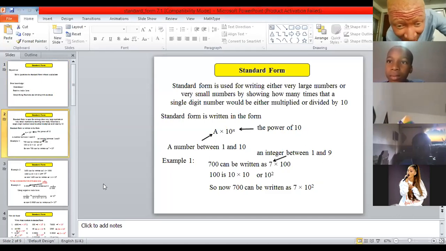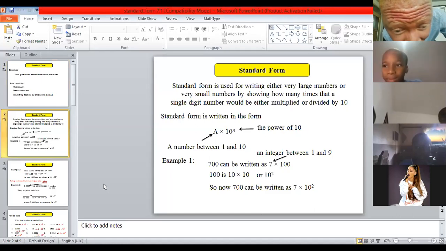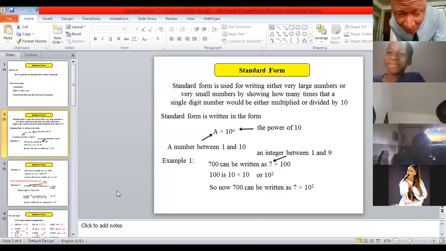When you look at this, you understand that what you have here is 1,400, which can be written as 1.4 times 1,000. And 1,000 is a power of 10.